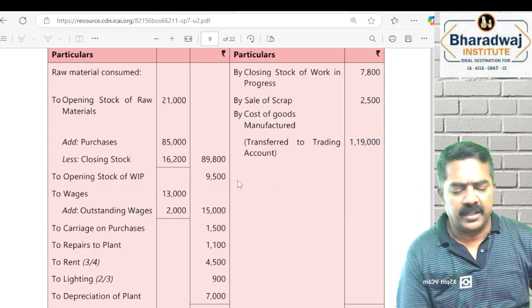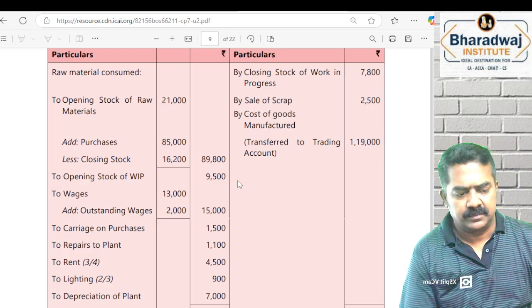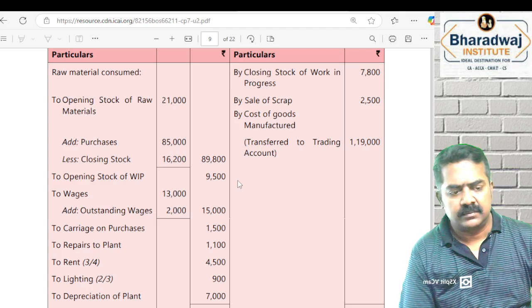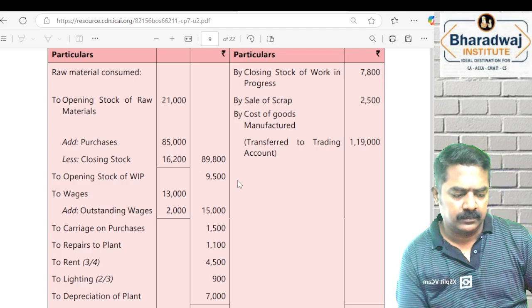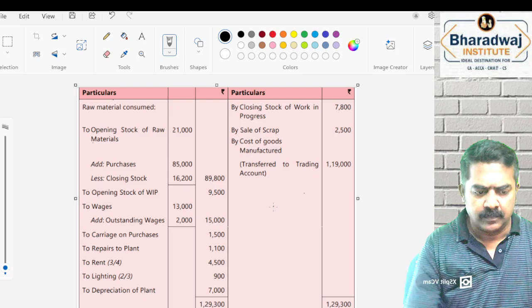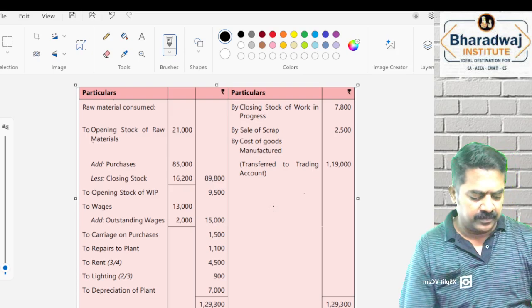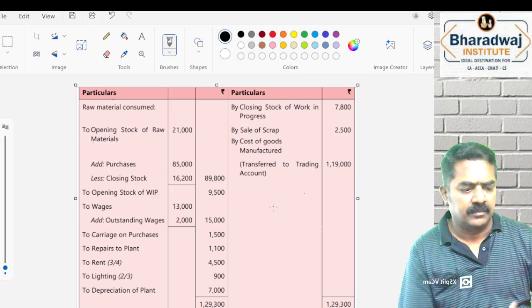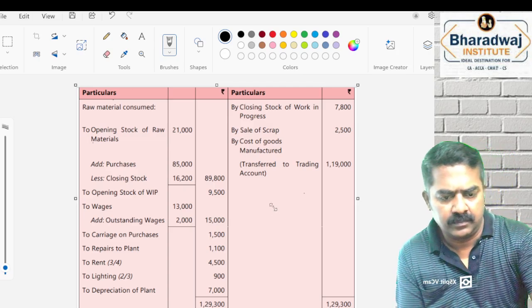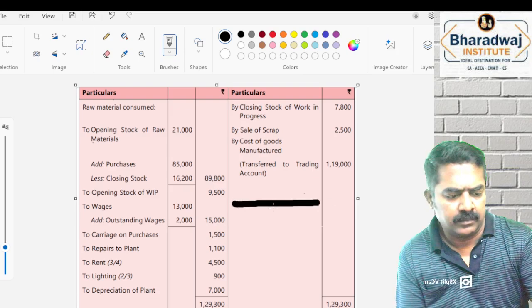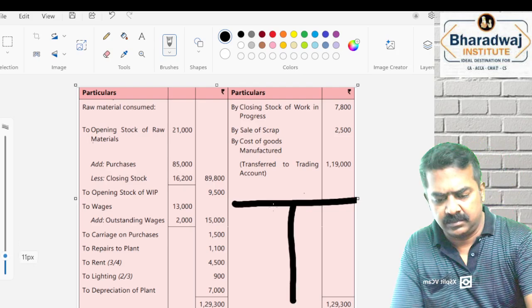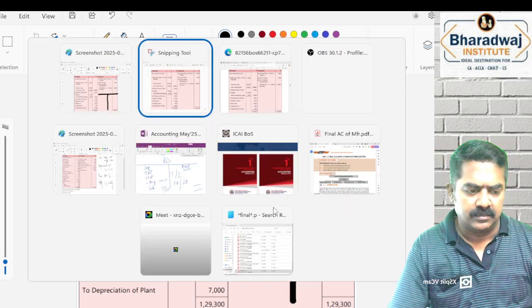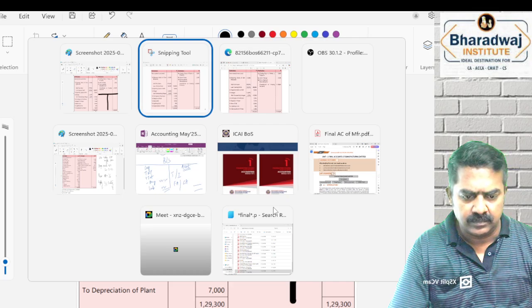Prepare the trading account next. What will come in trading account? The cost of goods carried down.